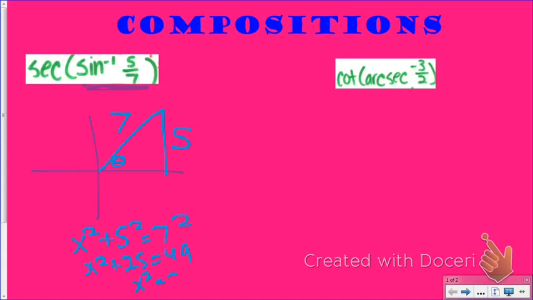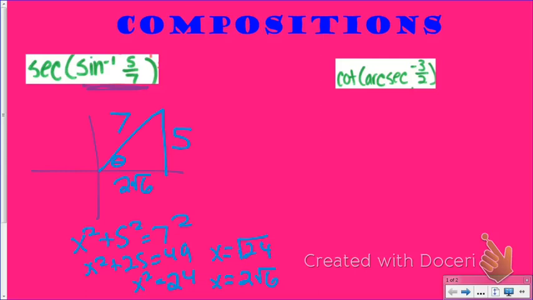So that means that x squared is going to be 24. So x equals the square root of 24, which I can actually simplify to 2 times the square root of 6. So that's my missing side.